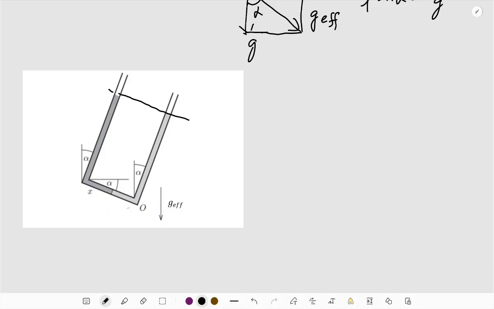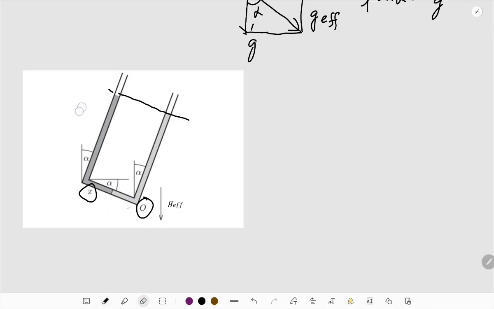Now let us write down the equilibrium condition for the hydrostatic pressures, say at point O. I'm going to write down every equation at point O. I took this length x, so that means this is the oil I put in the left limb initially, and its length was 0.2 meter.